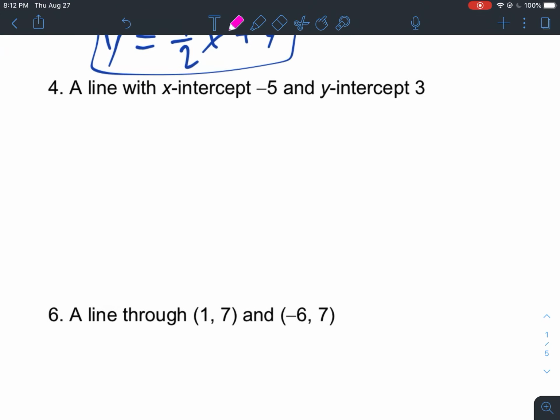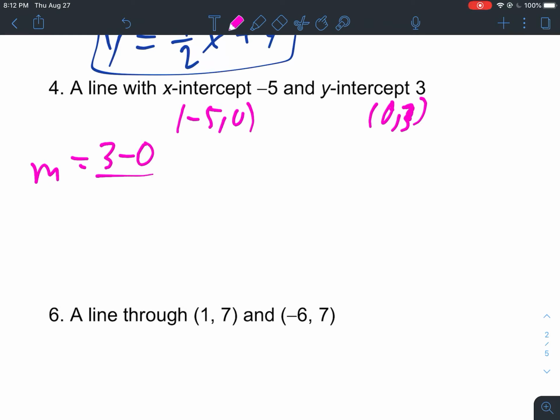Number 4, we have a line with x-intercept (-5, 0) and a y-intercept (0, 3). So again, we don't have a slope, so we need a slope here. Y minus y over x minus x gives us 3/5. All right, so again, we can pick either point that we want.